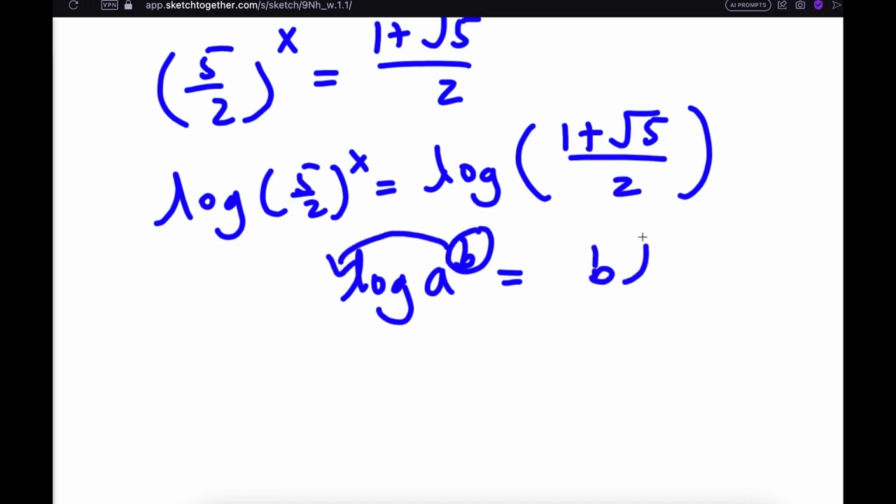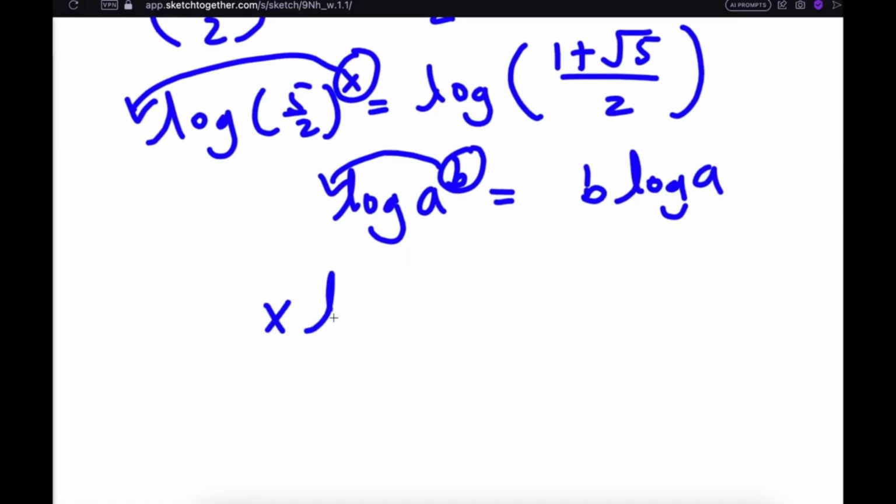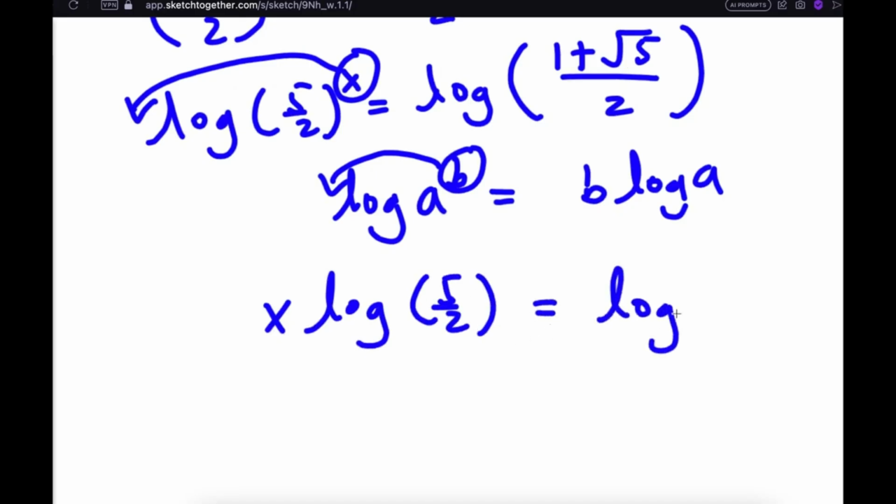So I'll have b times log a. So log (5/2)^x, I can move this exponent to the front. So this will get me to x times log 5 over 2. This is equal to log of 1 plus the square root of 5 over 2.